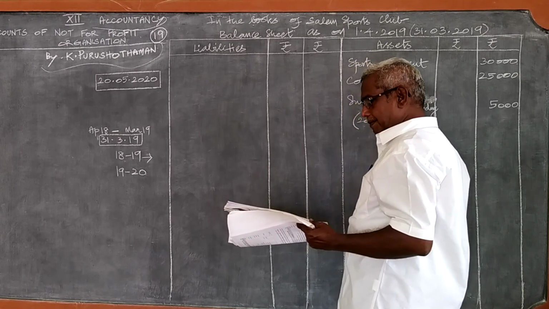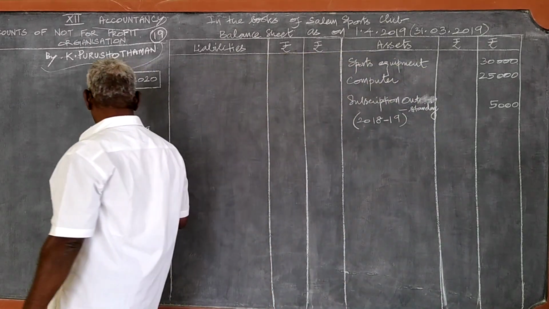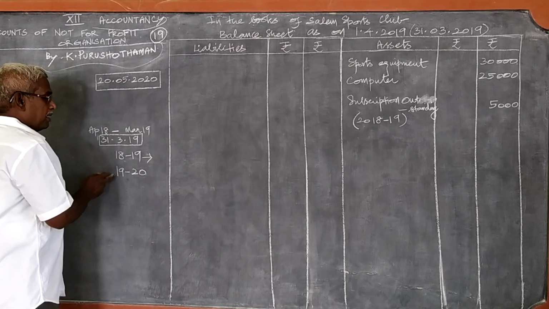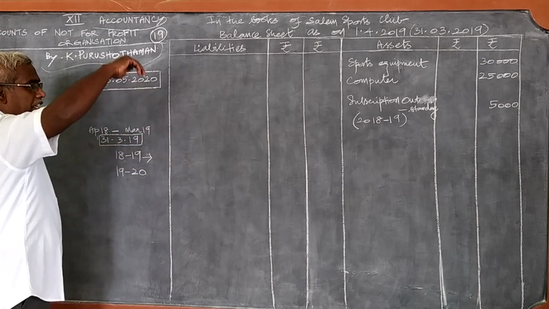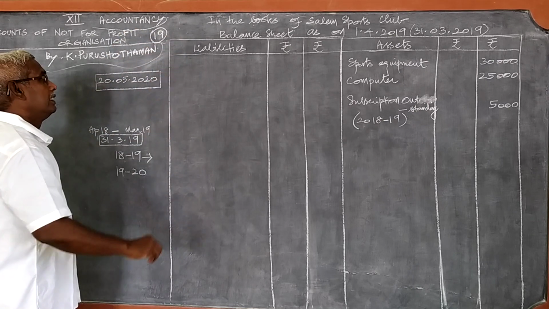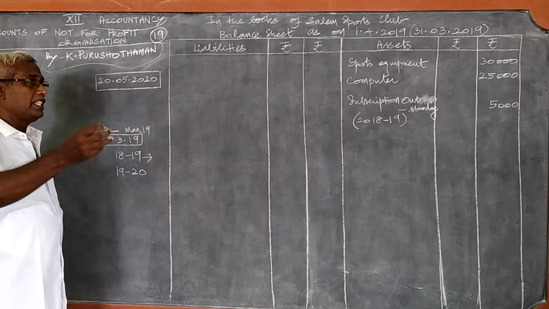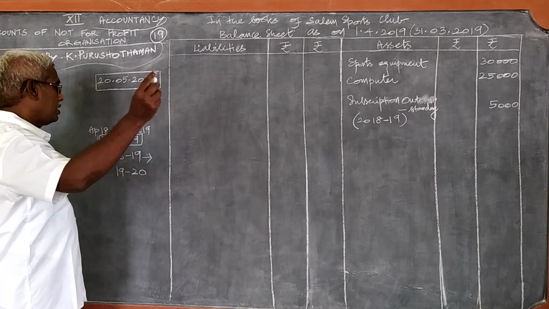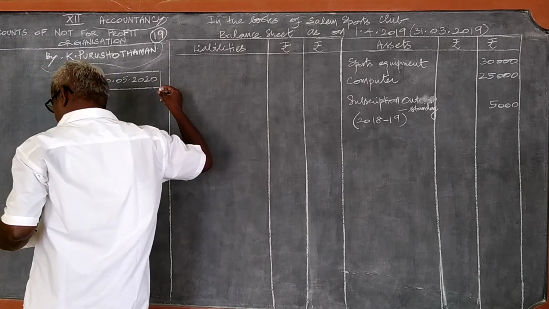Then the next one, subscription received in advance. This is for the coming year, that is 1920. Outstanding subscription of the current year will appear on the asset side, and the subscription received for the coming year, that is subscription received in advance, will be on the liability side.